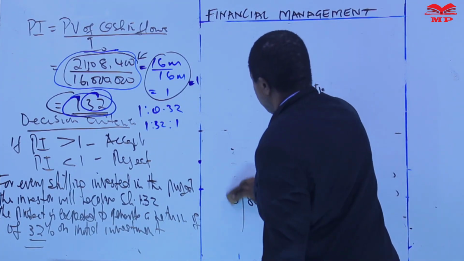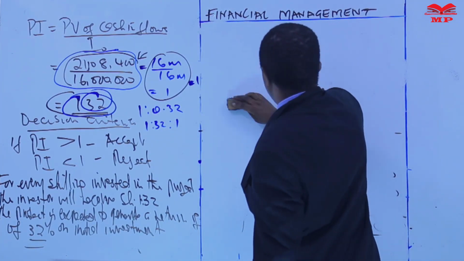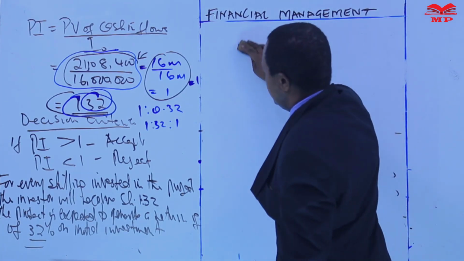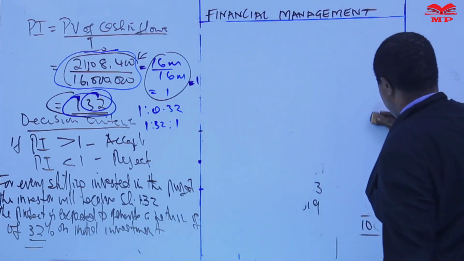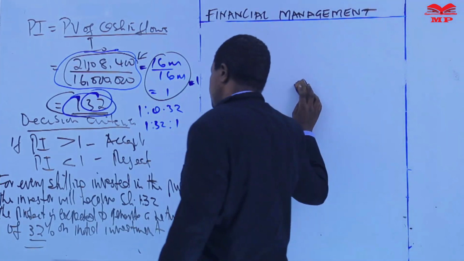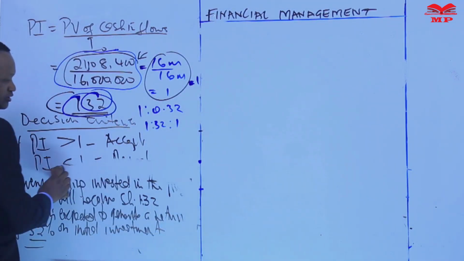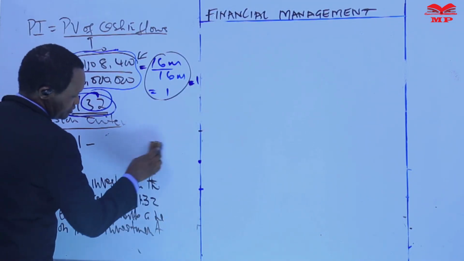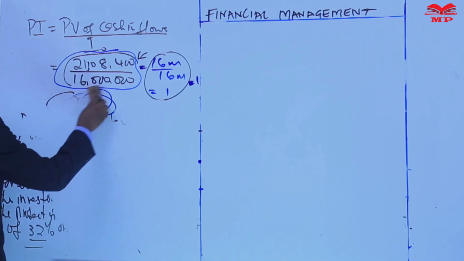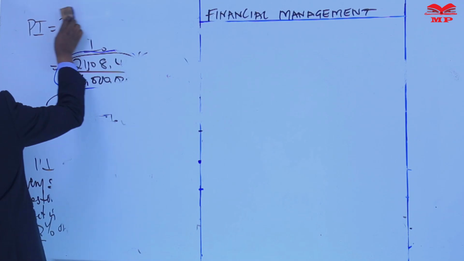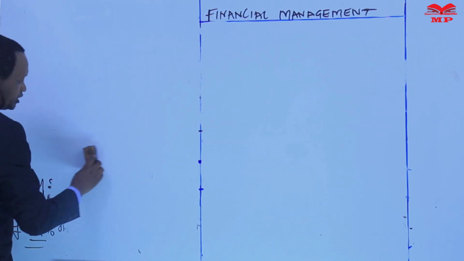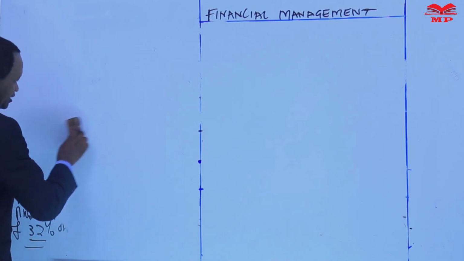You may have a challenge at the point of computing this, but in practice, the computations are done by machines. The computer will give you the PI, but how you interpret is what matters most.